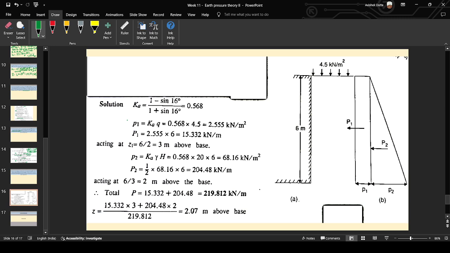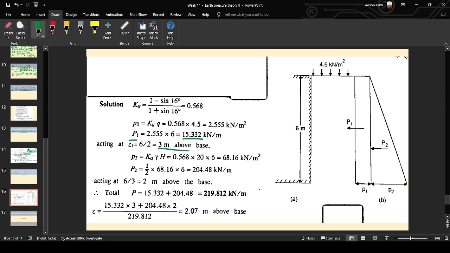So P1 is Ka into Q, that is 2.55. Now the total pressure is height into P1, this is the width. So 6 into 2.55 gives us 15.332. This is the value of P1 acting at half of the height of the rectangle, that is 3.